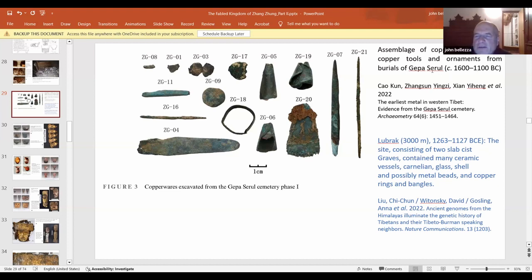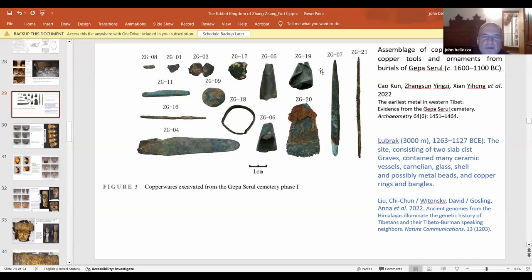Actually, the full range of the first phases, circa 1600 to 1100 BC, according to radiocarbon dates provided by the Chinese archaeologists. And so this is very important because it takes the use of metal items as adornment and tools and various other economic functions back to the Central Asian Bronze Age, to the end of the Bronze Age, and of course to the late Bronze Age.